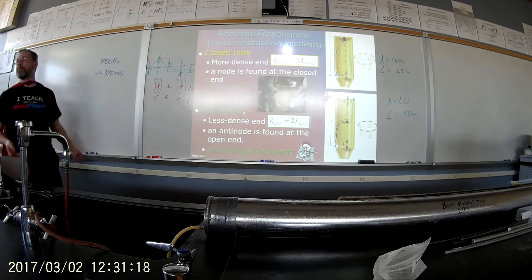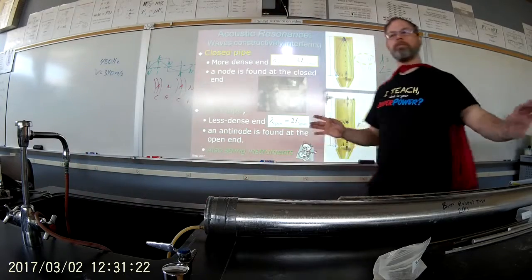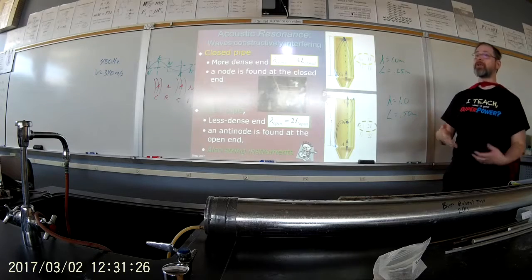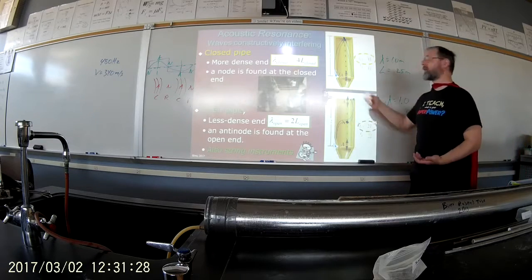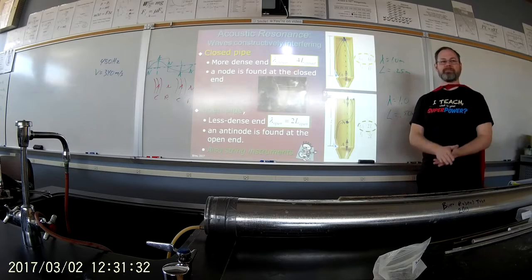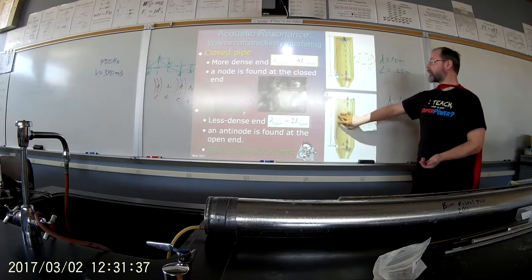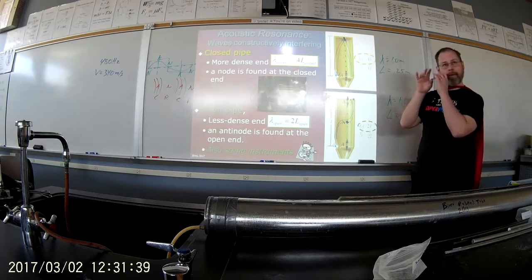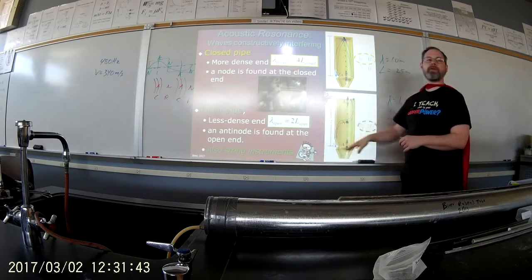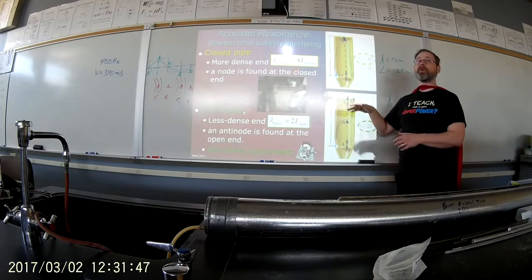It's pretty close. One thing I do want to mention is the vibrating air inside an instrument, is it more dense, less dense, or the same density as the air outside the instrument? It's a little more.